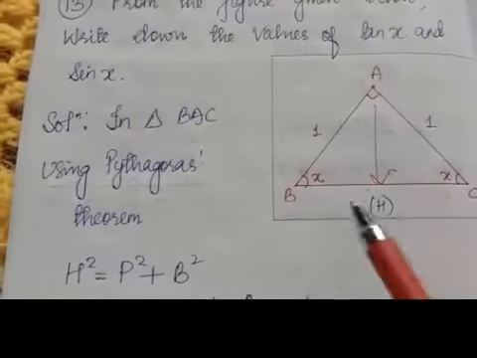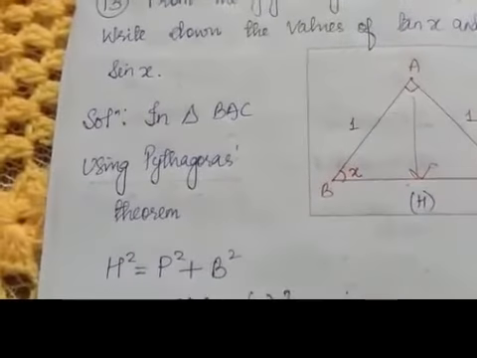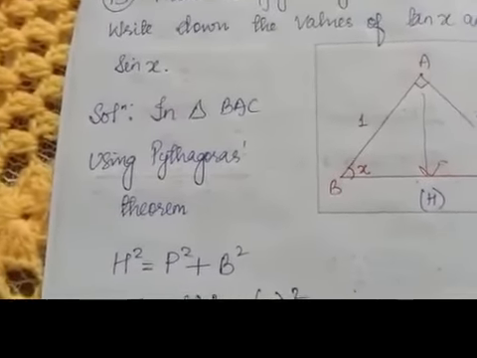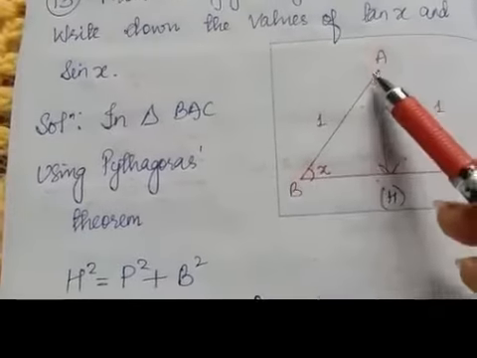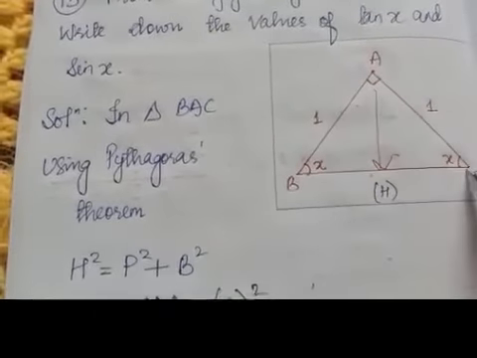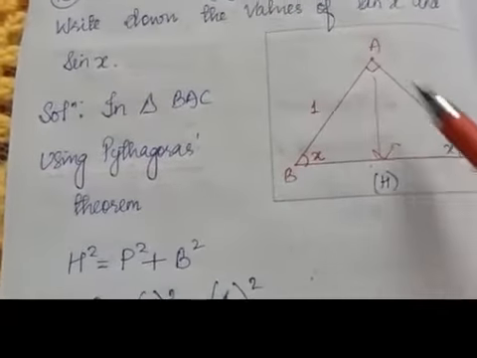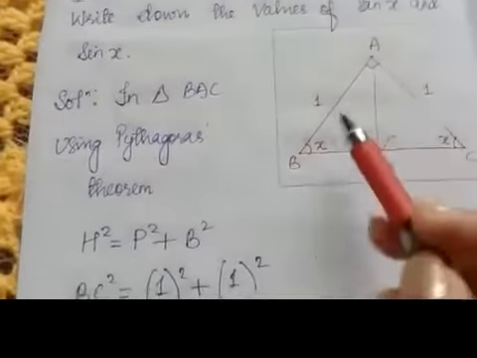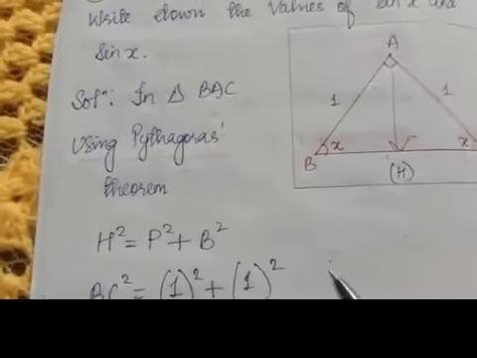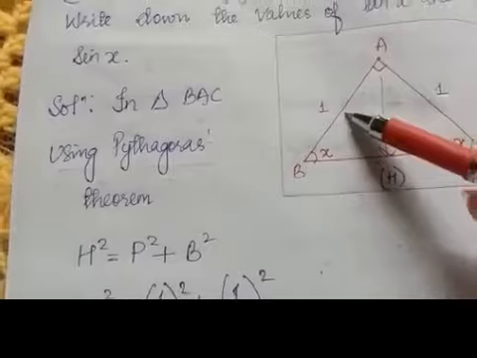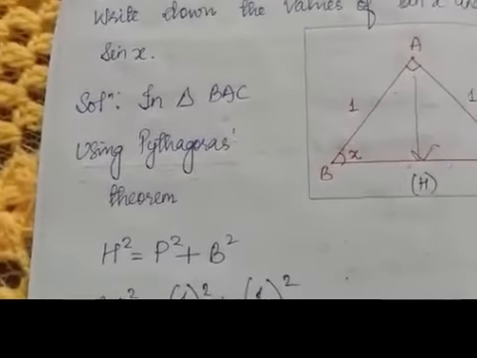This side is hypotenuse. Now base and perpendicular you can consider according to your convenience, because both we have 1, 1. So if we consider this as base, this will be perpendicular. If you consider this as base, this will be perpendicular, and both sides we have x. So you can consider any one side base and the other side perpendicular.